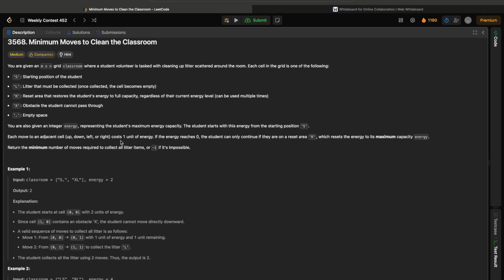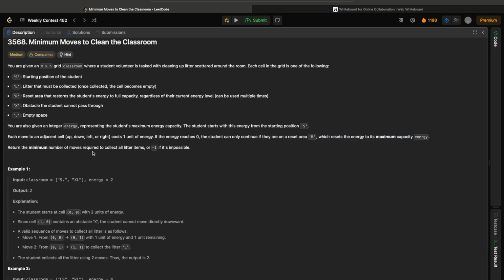And when you move from one cell to another cell, one unit of energy gets decreased from your total energy. So if the energy reaches zero, the student can only continue if they are on the reset cell. So basically, if you are at position R and your energy is zero, then that R will help you to regain the same amount of energy again. But if you are not at R, then you can't move to other cells.